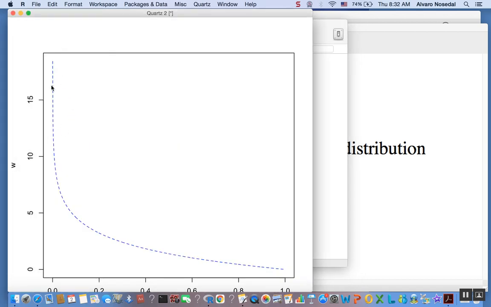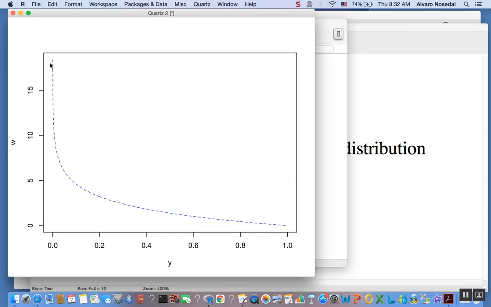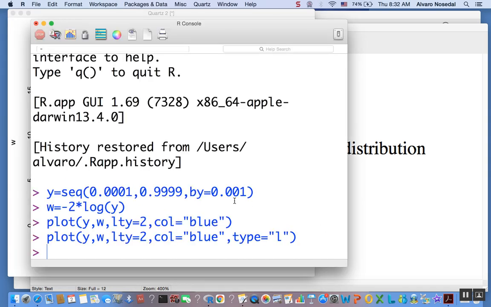Okay, that's better. As you can see, that transformation W seems to be always greater than 0, which makes sense from what we know about the natural log.